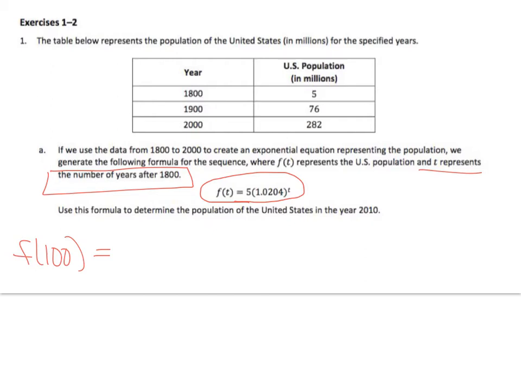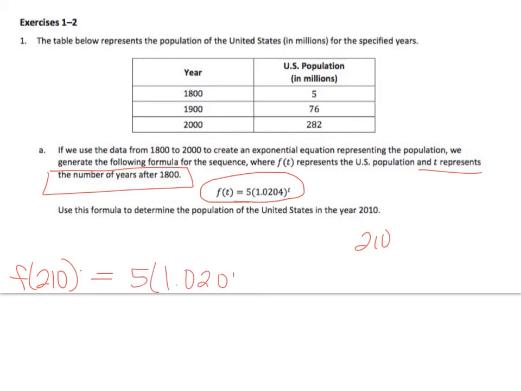Sorry, I did not read the entire problem. So year 2010 would be 210 years after 1800. So we would have 5 times 1.0204 to the 210. That would give me a population of 347 million in 2010.